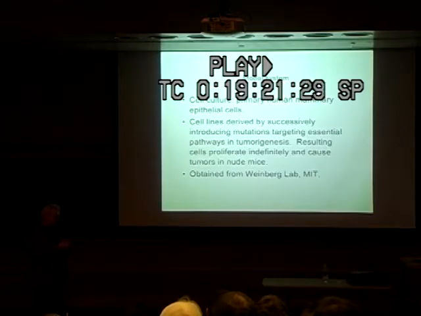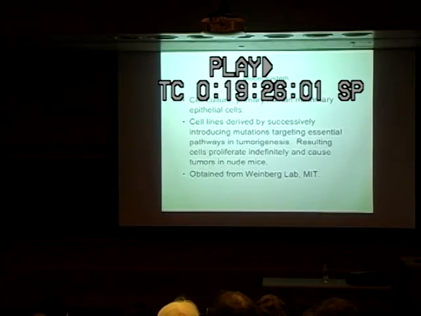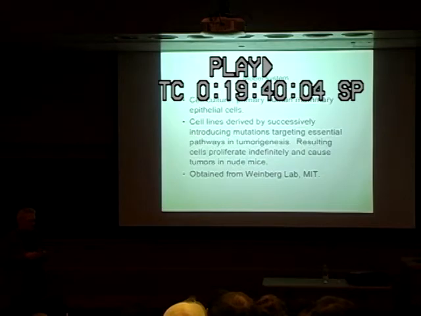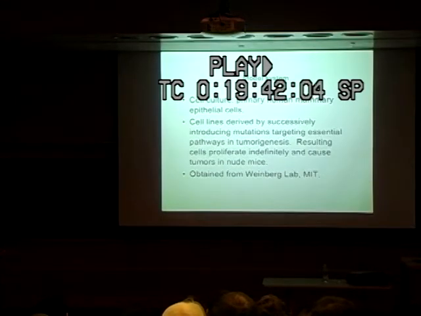You introduce several mutations, the most important one being a mutation of the RAS gene, and each successive mutation has acquired yet another skill that a cell needs to become a malignant cell. So cells need to acquire a number of different skills to become cancerous, and this series of cell lines captures that.